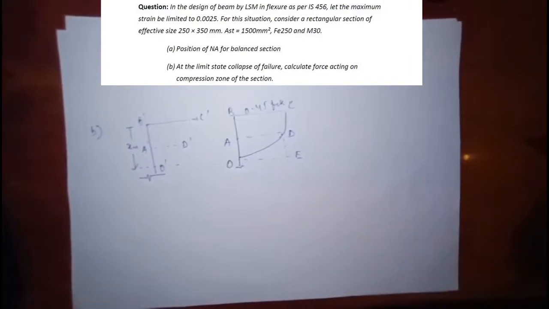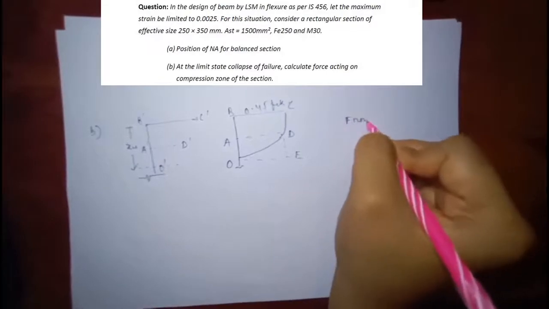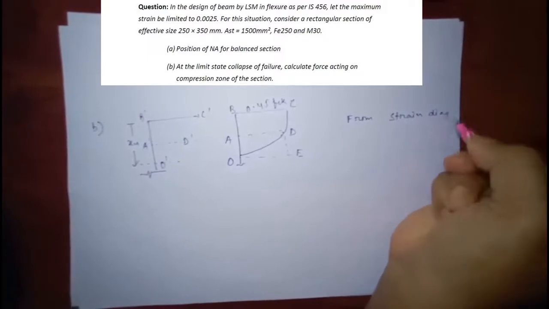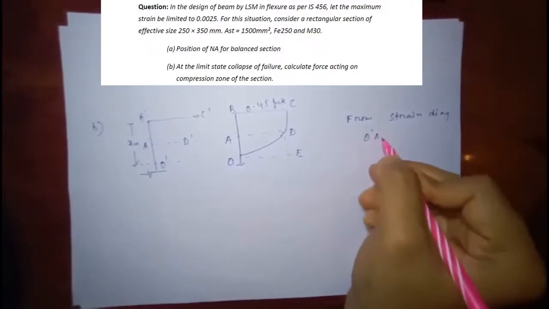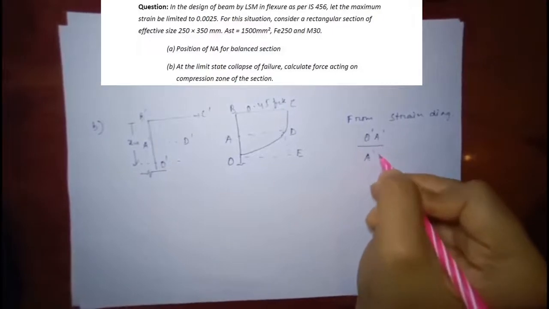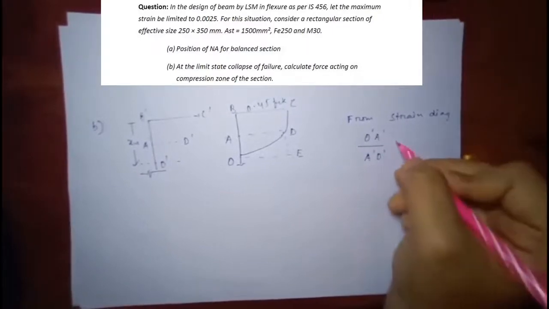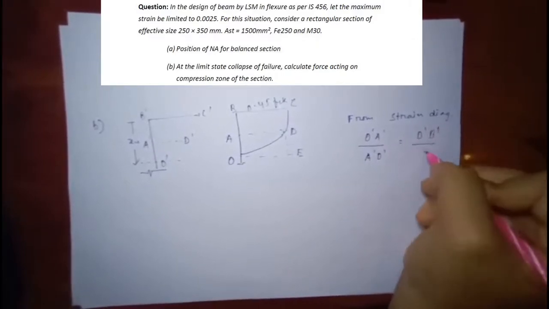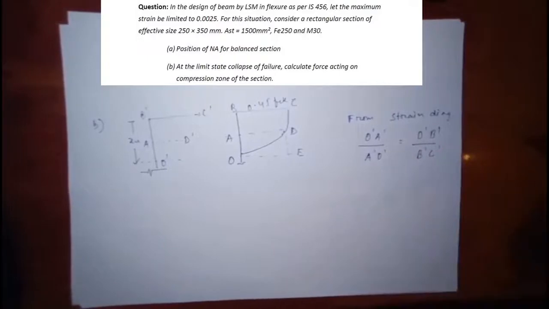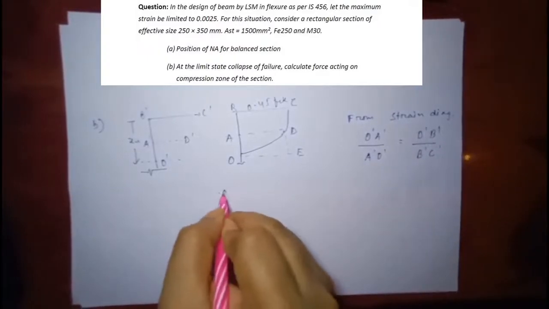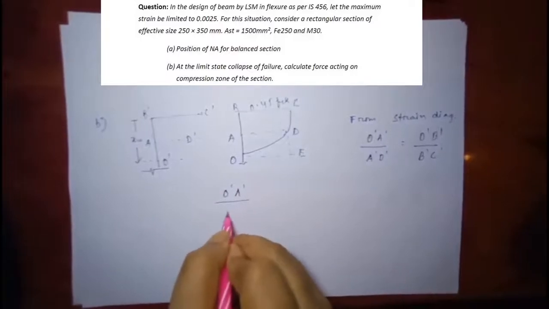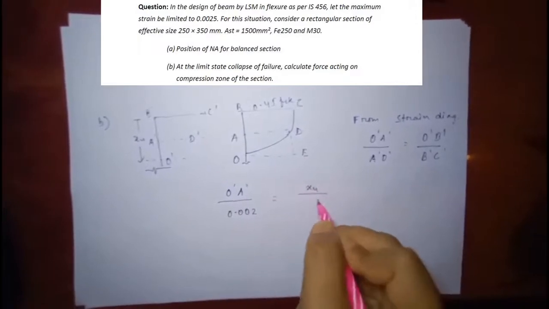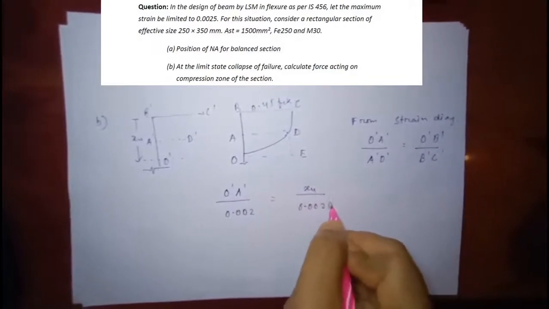Now from the strain diagram, I can say that O prime A prime upon 0.002 is equal to O prime B prime upon B prime C prime, that is xu upon 0.0025.